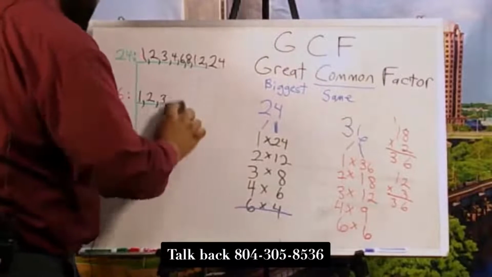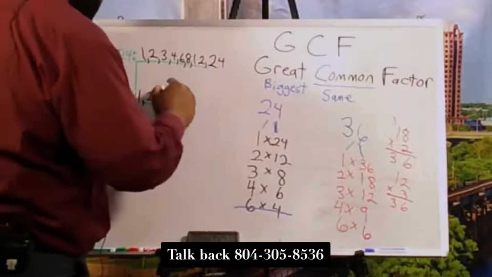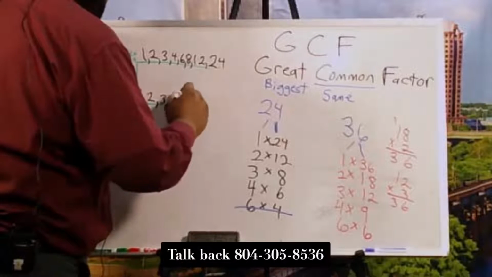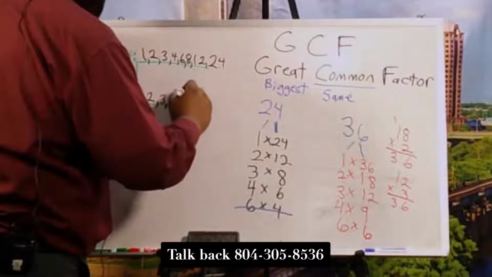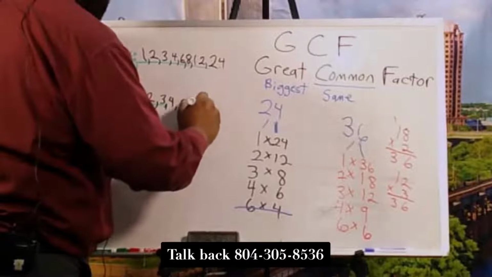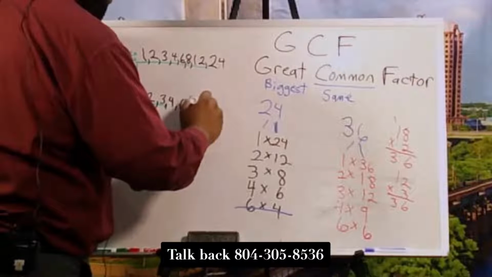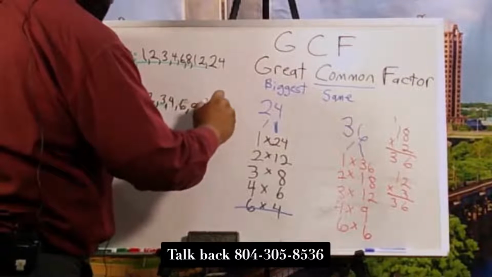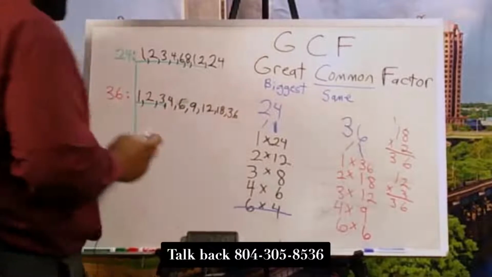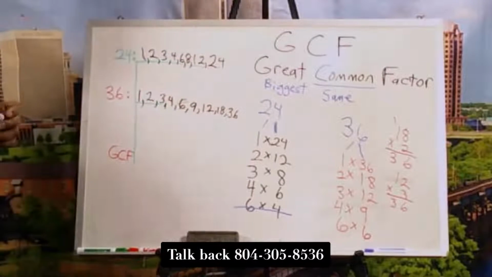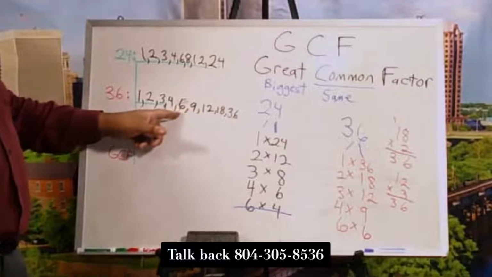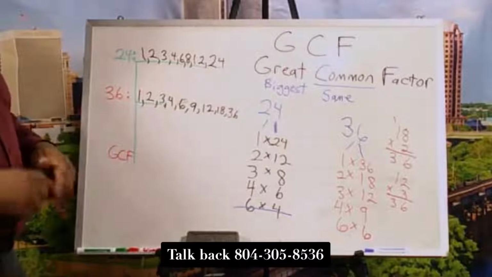I'm going to fix that a little bit. 3, 4, 6, 9, 12, 18, 36. Listed from the other end, 36, 18, 12, 9, 6, 4, 3. Yes, there we go right there.